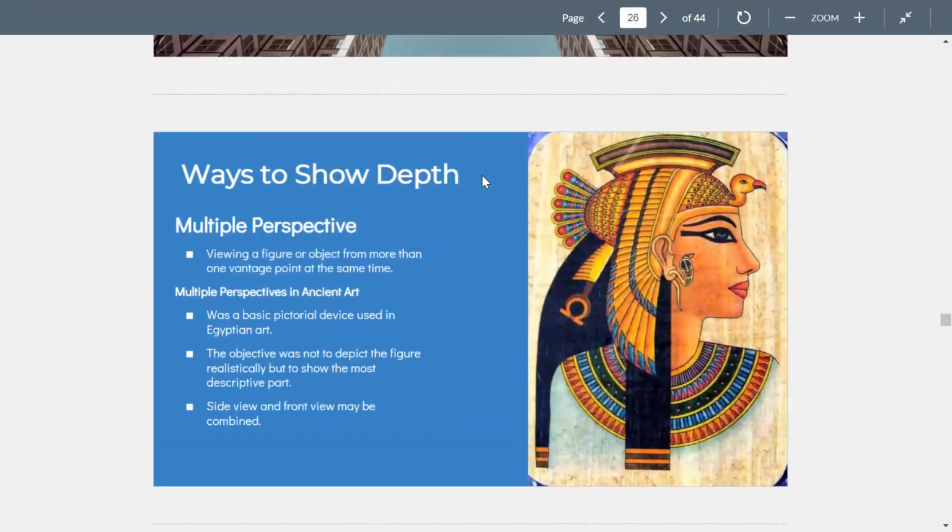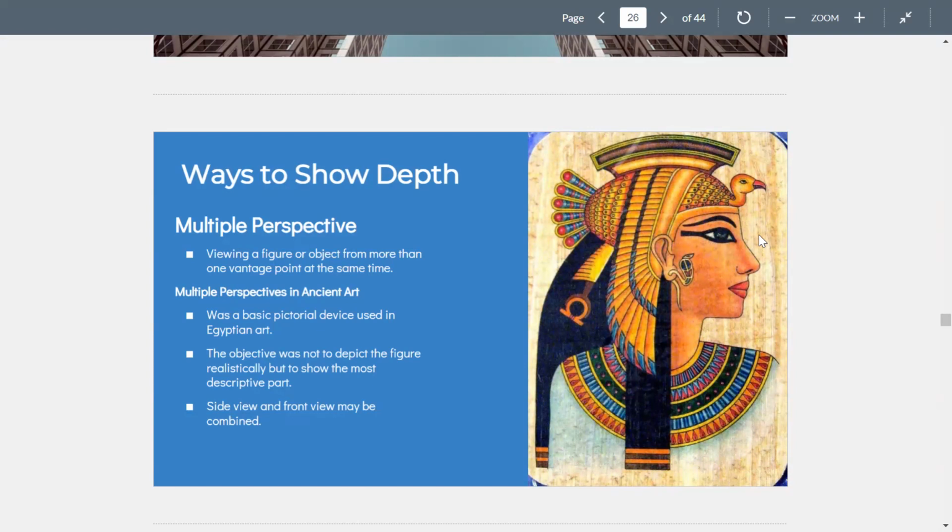And this one is called the multiple perspective. It's an art technique used in Egyptian artwork. When you look at this image, it's not natural actually. This body is facing front, like we can see it in front, but the face is turned 90 degrees, but the eyes are not.